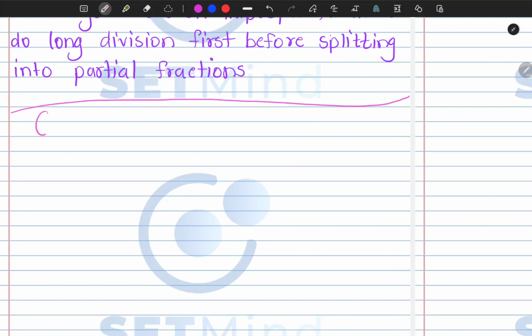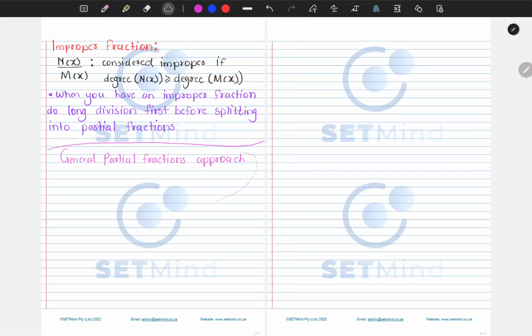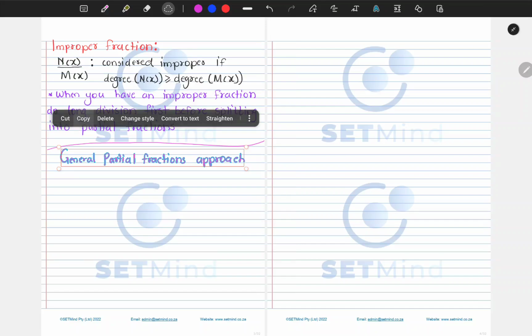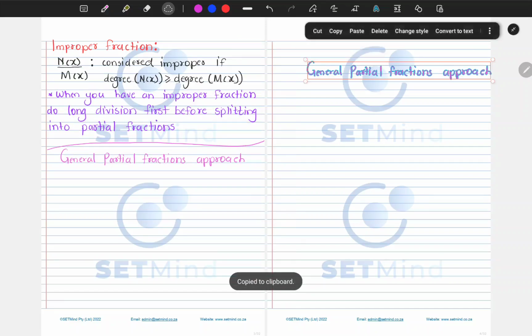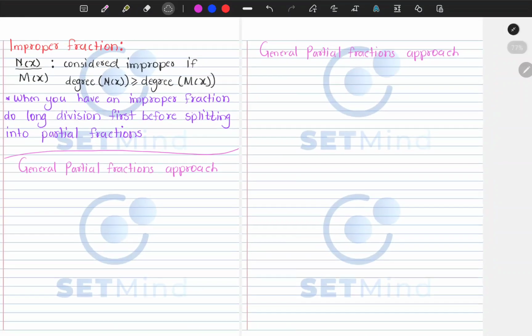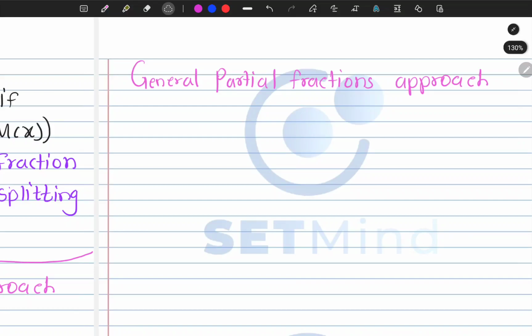So here I'll just call this the general partial fraction approach. What we are going to have is the compact form. So let's go to a new page, and then we are going to have the splitted form.